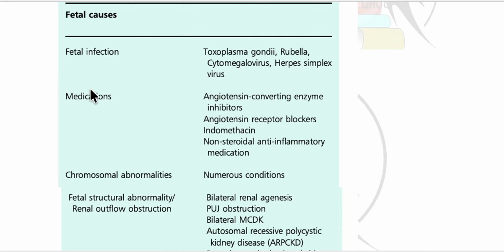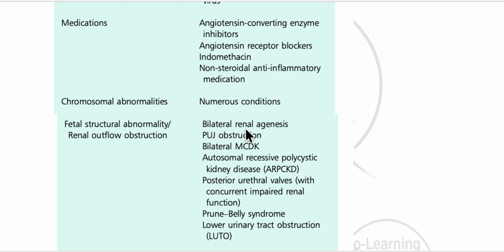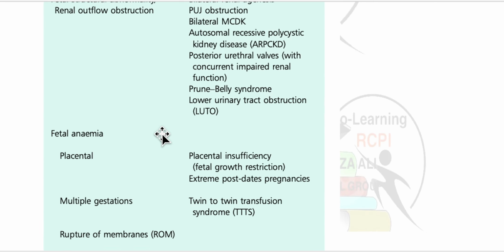Fetal infection, the toxo, rubella, the TORCH ones. Medication: ACE inhibitors, angiotensin converting enzyme inhibitors. Chromosomal anomalies, fetal structural anomalies. Renal agenesis is the most important one. You have to remember that it is one of the causes.